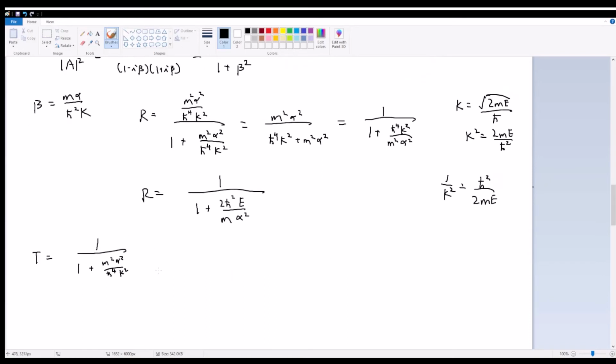So this is going to equal 1 over 1 plus 2m cubed alpha squared over h bar squared times... sorry, I did this wrong.